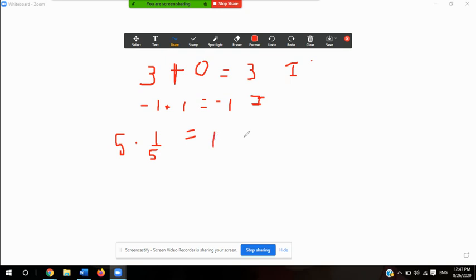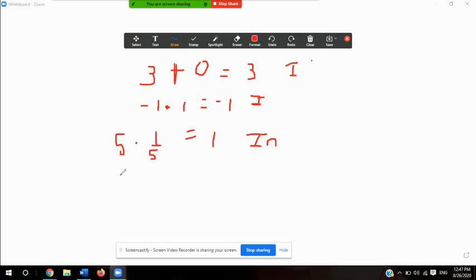Well, that's the inverse property of multiplication. I'm going to use IN to abbreviate it so we don't confuse it with the identity. Of course, on the quiz, you're going to write the word.